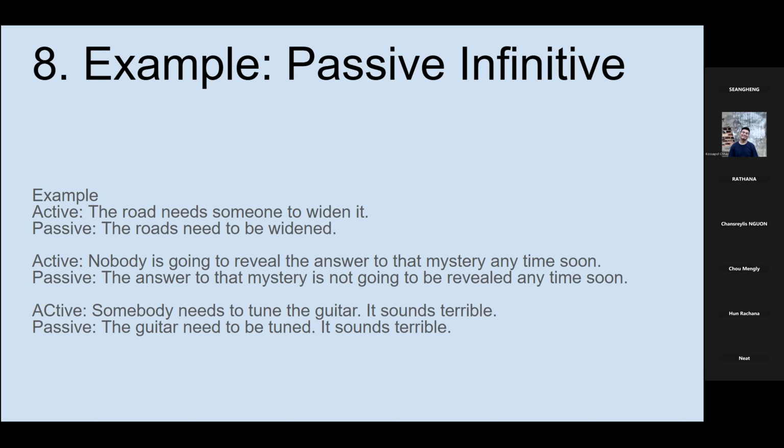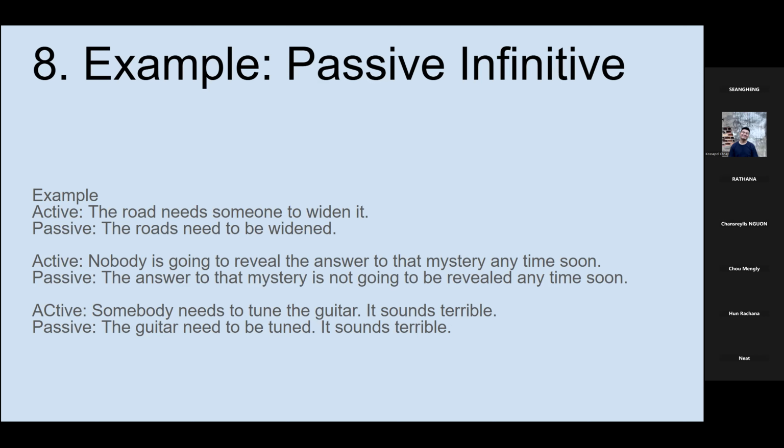Second example: nobody is going to reveal the answer to that mystery anytime soon. Nobody, the subject, is not clear, so that we can delete it also.